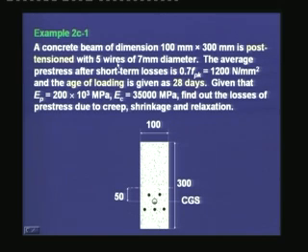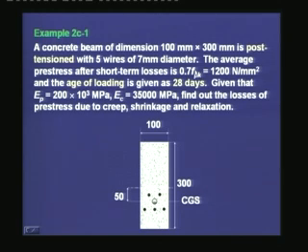A concrete beam of dimension 100 mm by 300 mm is post-tensioned with 5 wires of 7 mm diameter. The average pre-stress after short-term losses is 70% of the characteristic strength, which is equal to 1200 Newton per millimeter square, and the age of loading is given as 28 days after the casting of the concrete.